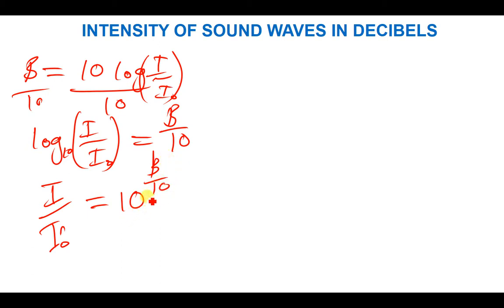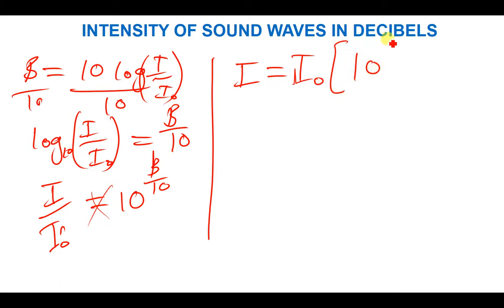And then we can cross multiply here. When you do the cross multiplication, you're going to have I is equal to I naught multiplied by 10 to the power beta over 10.